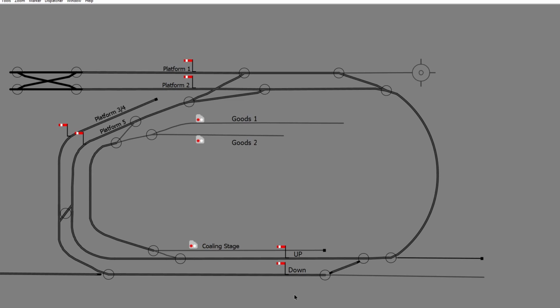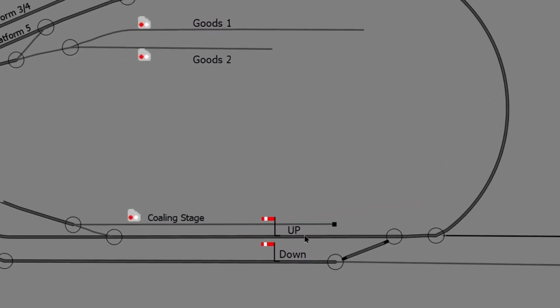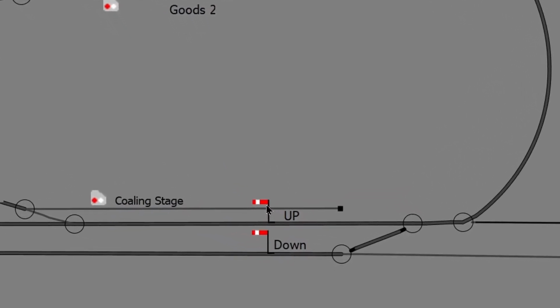So let's have a look at our plan. At the moment it's set for the up line to be active. It's just powered up with that setting, so up is active. Where this is doesn't really matter, but you can now drive it. So up is active, down is not. If I click down, that should close. Fantastic.